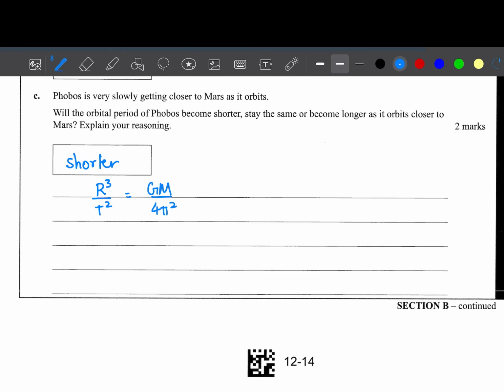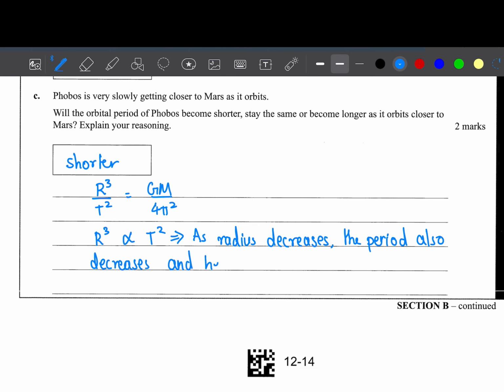Now all of this is going to be constant, meaning that R³ is proportional to T², and hence we can say that as the radius decreases, the period also decreases, and hence the period of Phobos will become shorter.